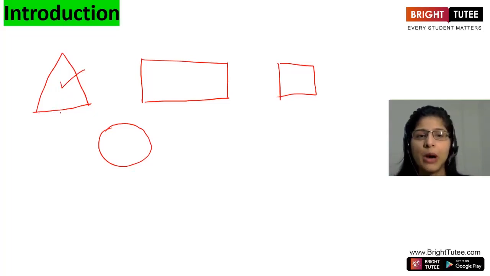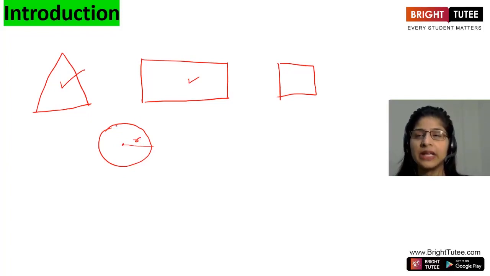Perimeter is the boundary, that is the sum of all the sides of that polygon or figure. In rectangle the perimeter is 2 times length plus 2 times breadth, because we have 2 lengths and 2 breadths. In square it is 4 into side. In circle it is 2 pi r. The other name for perimeter is circumference, and in case of a circle we call the perimeter the circumference, where r is the radius, so 2 pi r is the formula.